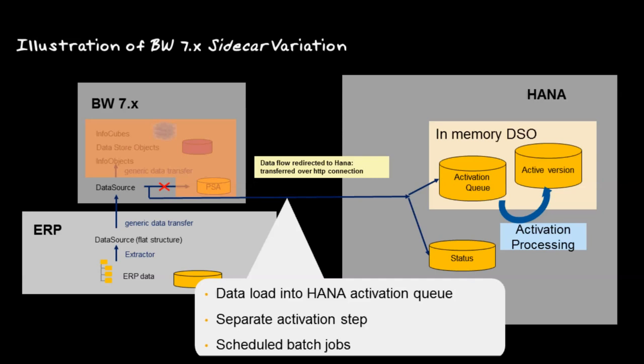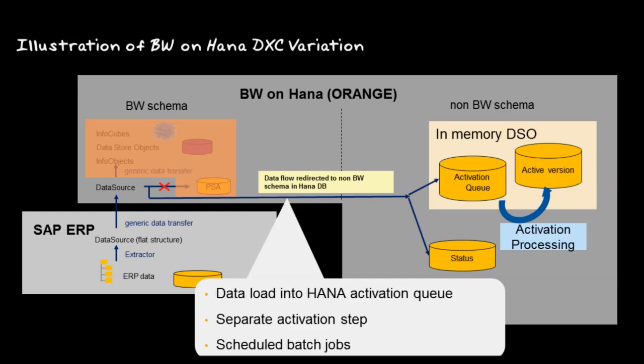It uses a standalone BW system as the DXC system. The third option would be BW on HANA. In this option, if you have a non-BW schema in the same HANA instance where you would like to load data, you could consider BW on HANA as the DXC system.